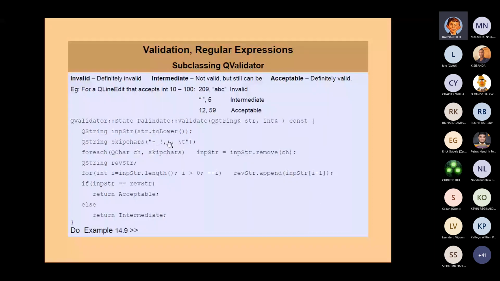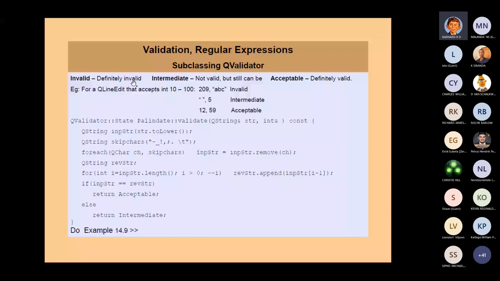Okay, subclassing QValidator. QValidator returns enums: invalid, intermediate, and acceptable. For it to be invalid means that it is definitely invalid. In other words, there's no chance of fixing it or making it somehow valid. Once it's invalid, it's definitely invalid.